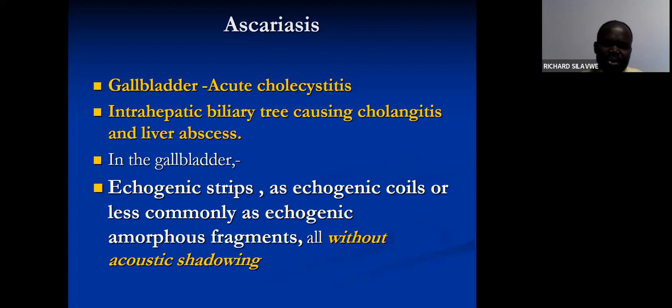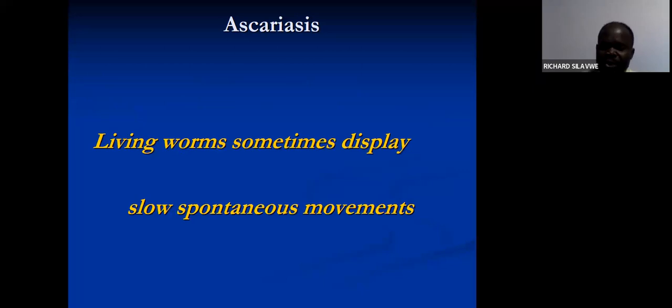You can suspect that there could be Ascariasis somewhere in the duct, though it is not always that an abscess is caused by the presence of the worms. In the gallbladder, worms appear as echogenic strips, or less commonly as echogenic amorphous fragments, without acoustic shadowing. These are just descriptions that we are talking about concerning Ascariasis.